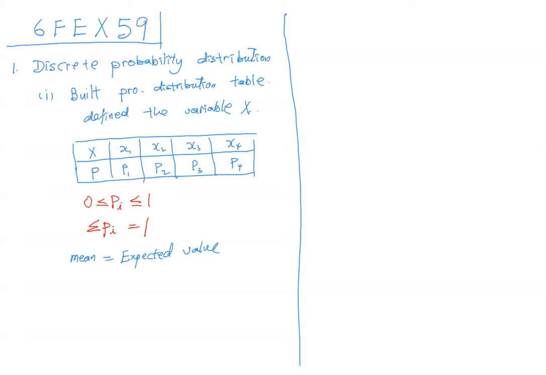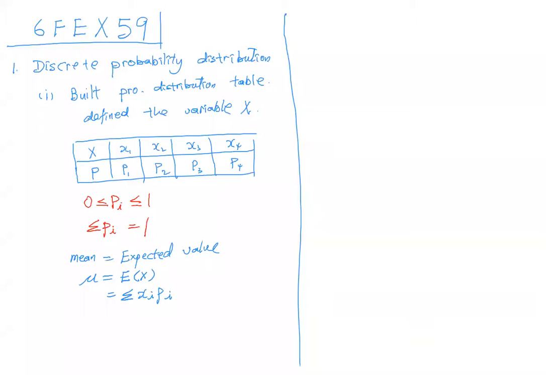Expected value means what you expect in the long run. We always write it as E(X). How to get the answer? Sum of xi pi. Sometimes you have to know the formula also. I know you can get it from the GC.